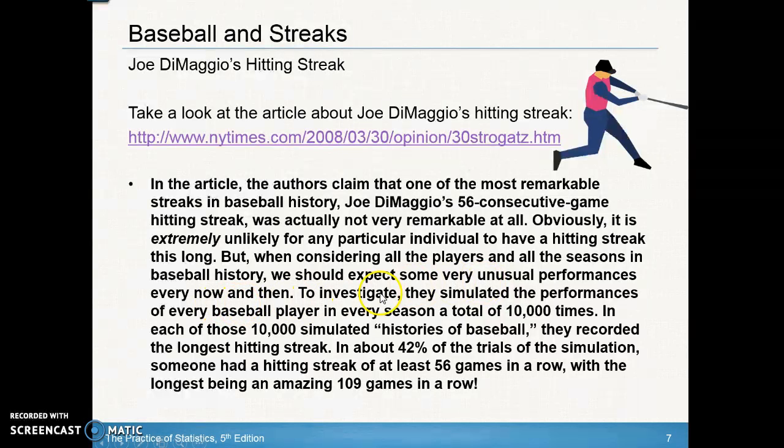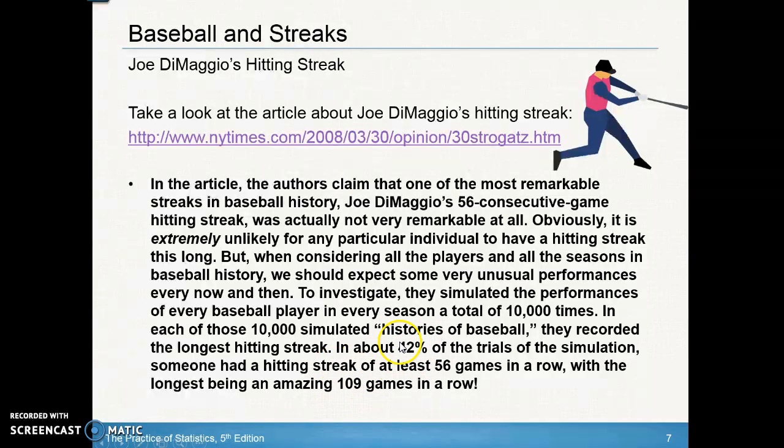To investigate, what we did is we simulated the performance of every baseball player in every season a total of 10,000 times. In each of those 10,000 simulated histories of baseball, they recorded the longest running streak. So in 42% of those trials, someone had a hitting streak of at least 56 games in a row, with the longest being 109 games in a row.